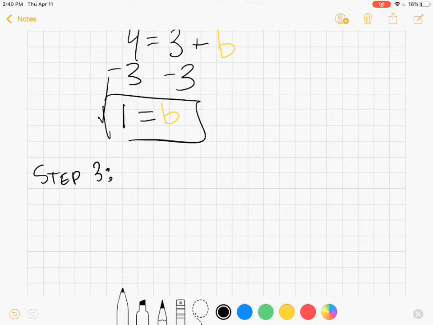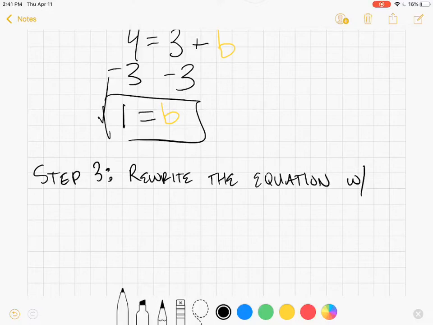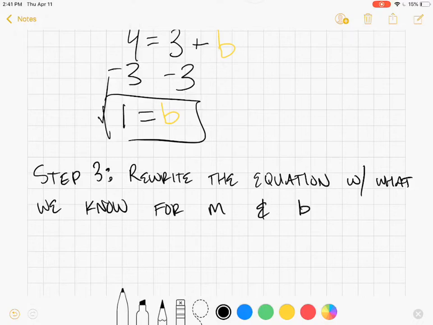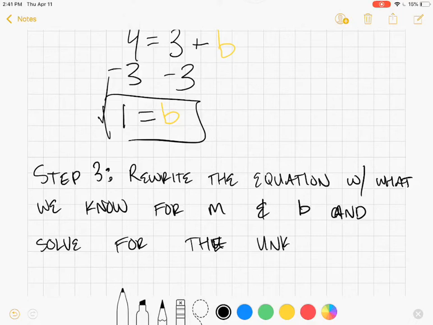Step 3 is to rewrite the equation with what we know for m and b and solve for the unknown values.